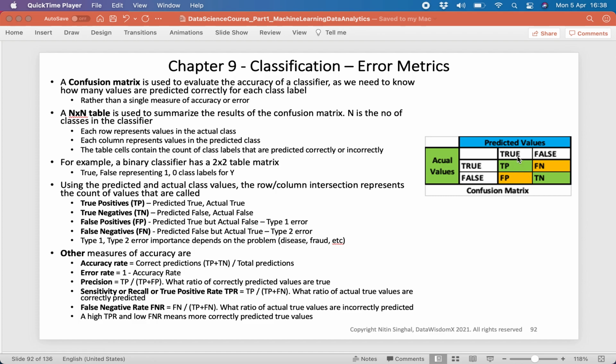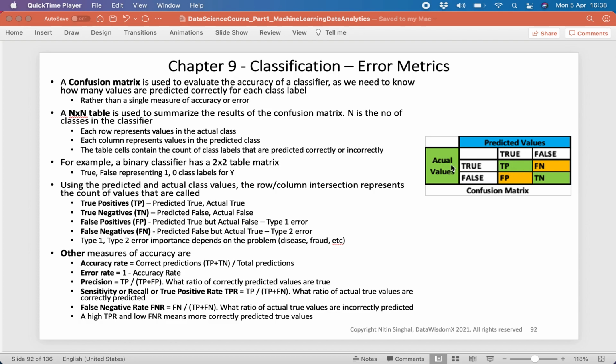And if you look at your predicted values, the correct predictions are TPs and the wrong predictions are the FNs, right? The false negatives. So your TP divided by TP plus FN will give you the ratio of actual true values which are correctly predicted. And equivalently, your false negative rate would be FN divided by TP plus FN, right?